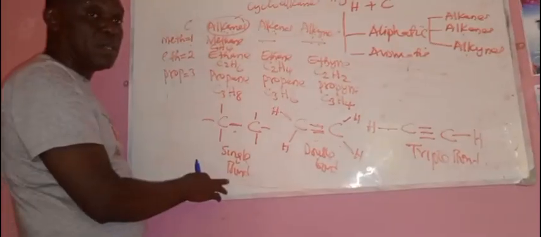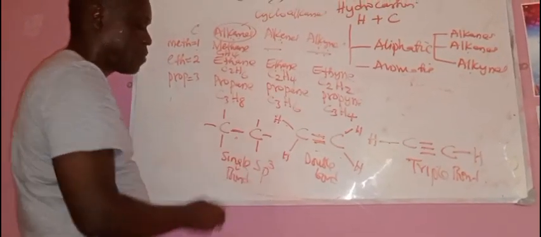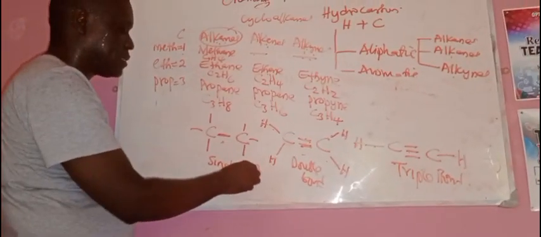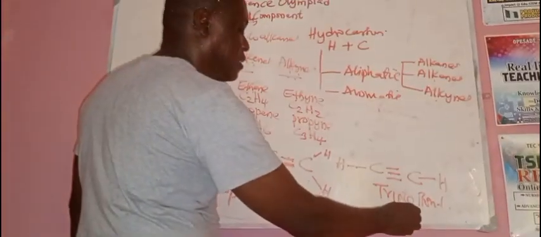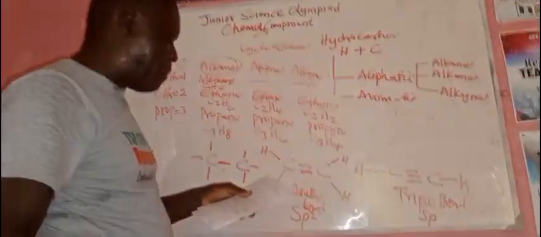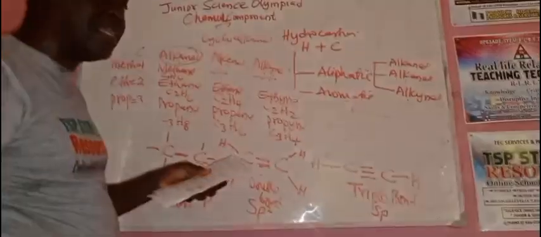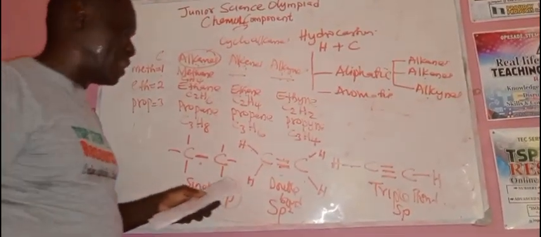For alkanes, the one with single bond, it has sp3 orbitals. For alkenes it is sp2, and for alkynes it is ordinary sp. So if they ask you the hybridization of carbon atoms in alkanes, it is sp3. Take note of that.